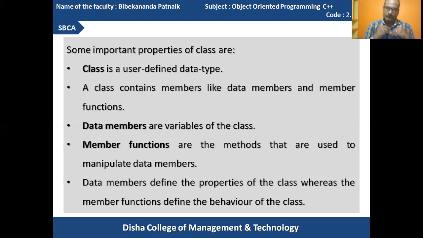Consider this particular example. Car is called the class here, or car is a class. The data members are the speed limit, the mileage, etc. Then what will the member functions be? Member functions are when you apply the brake, which is a piece of equipment or component, to stop a car.